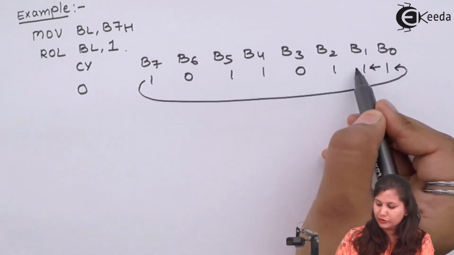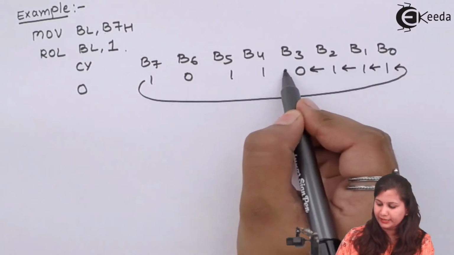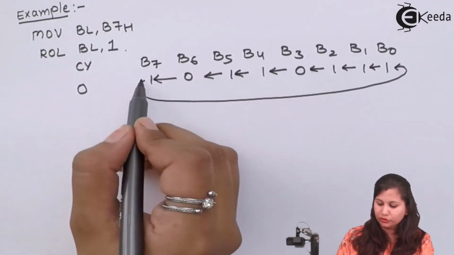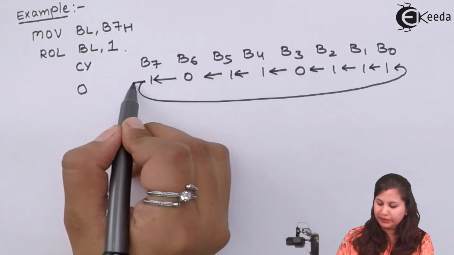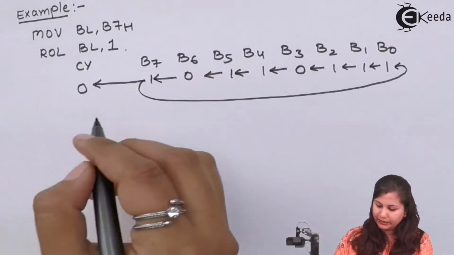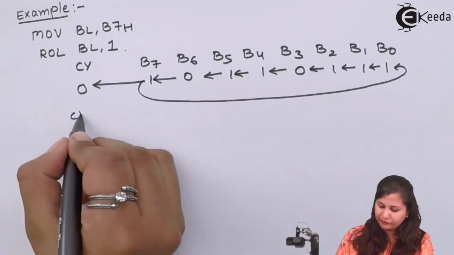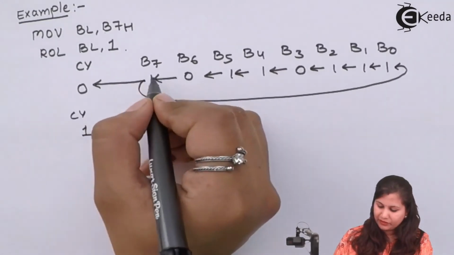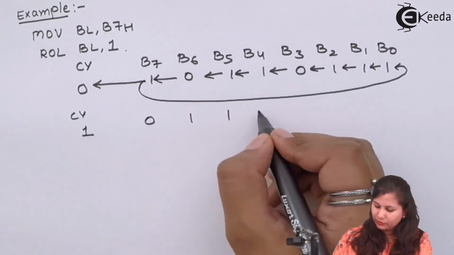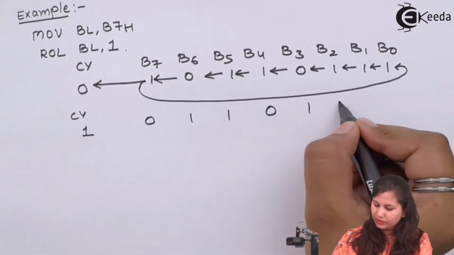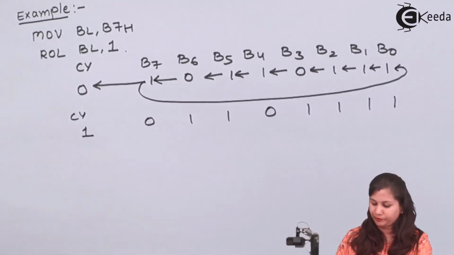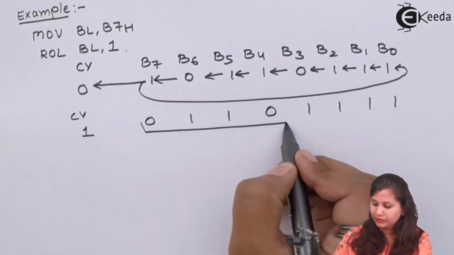All the bits will be shifted to the left hand side, means the number will be rotated, and also this MSB bit, it will be placed in the carry flag also. So now the new contents will be, carry flag will have 1, B7 will have 0, 1, 1, 0, 1, 1, 1, and this 1 is placed here, 1. So the new contents will be this.